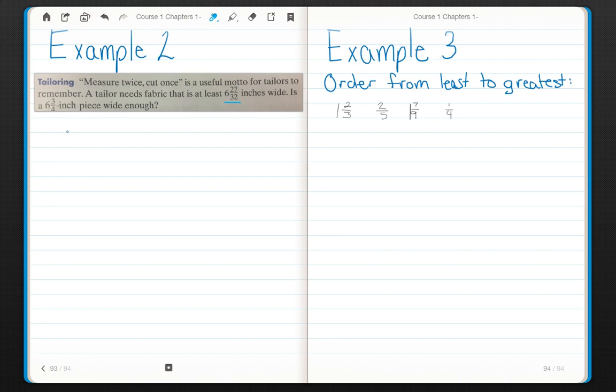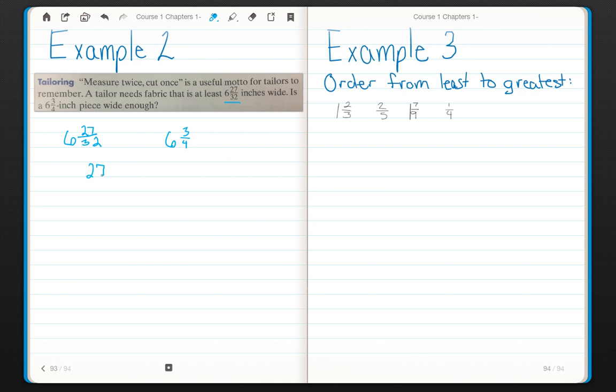So I need to compare 6 and 27/32 with 6 and 3/4. Well, since the whole numbers are the same, I don't really need to worry about those. I really only need to compare the fractions.